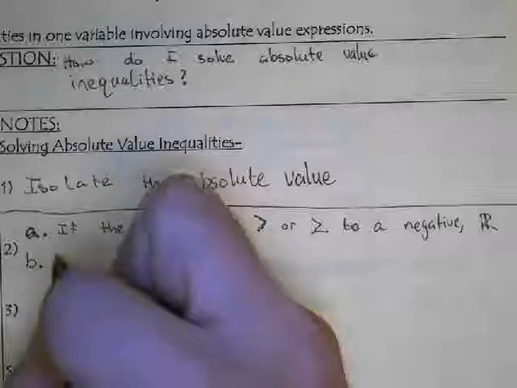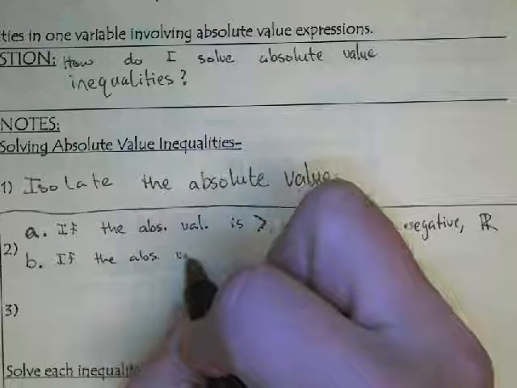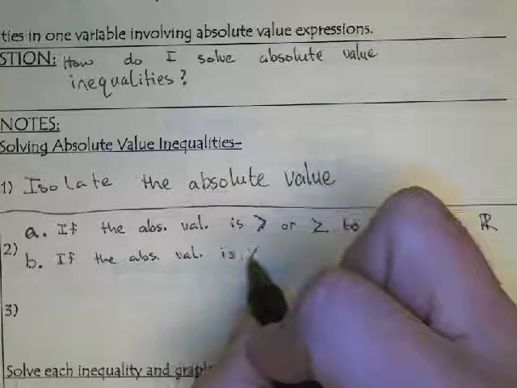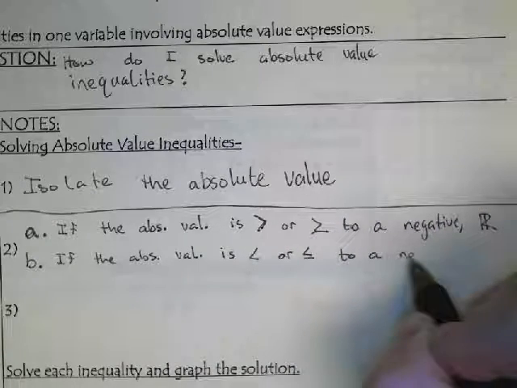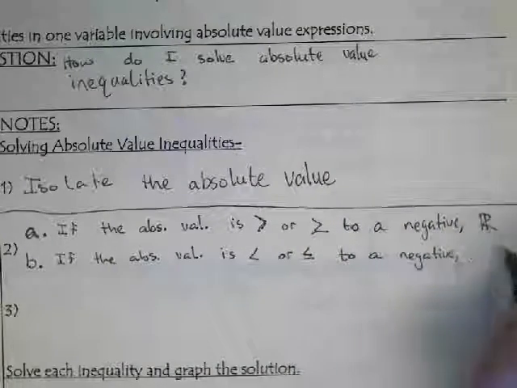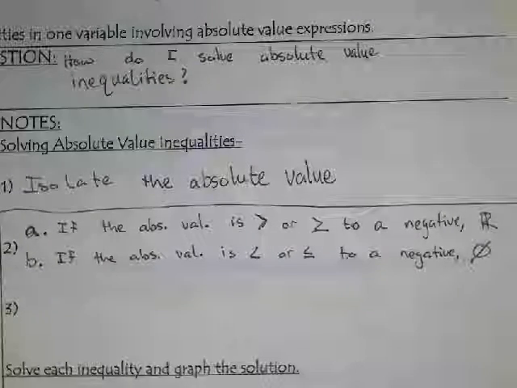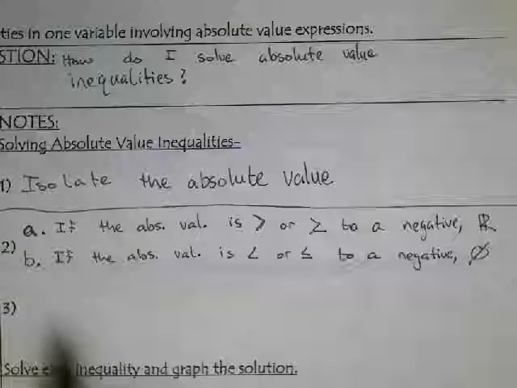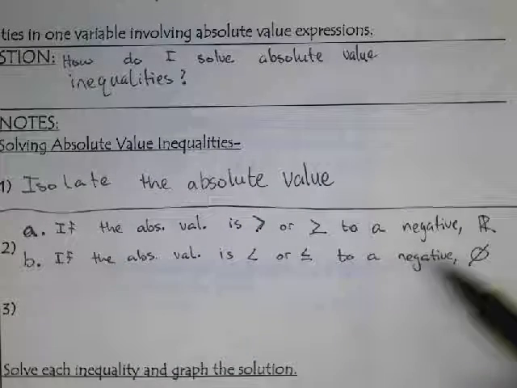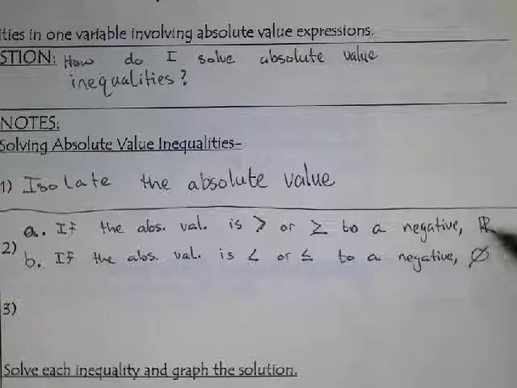And B, if the absolute value is less than or equal to a negative, no solution. So once we've isolated our absolute value, if we see a negative on the other side of the sign from our absolute value, we know our answers are going to be all real numbers or no solution.